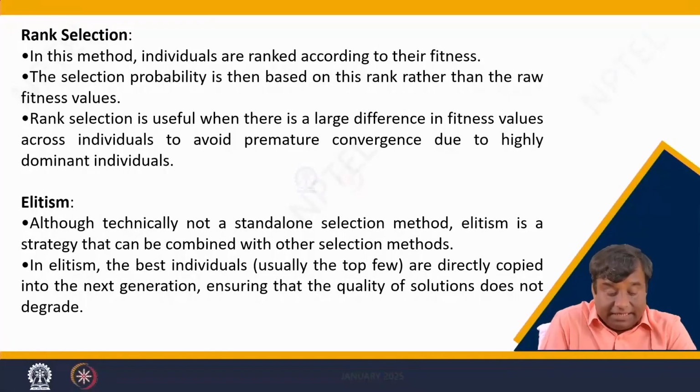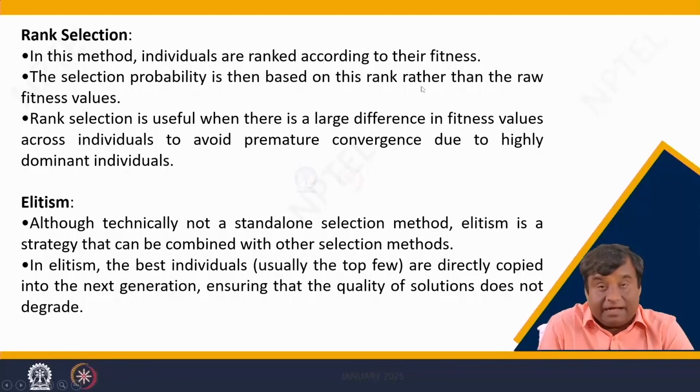Rank selection. In this method, individuals are ranked according to their fitness. The selection probability is then based on this rank rather than the raw fitness values. Rank selection is useful when there is a large difference in fitness values across individuals to avoid premature convergence due to highly dominant individual.